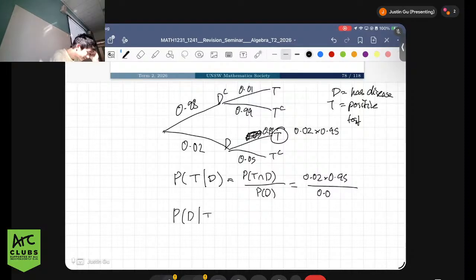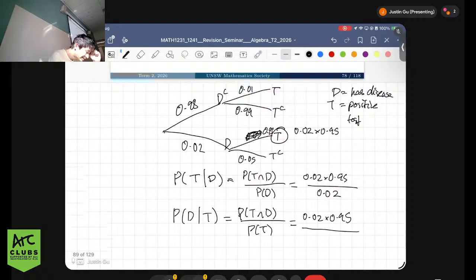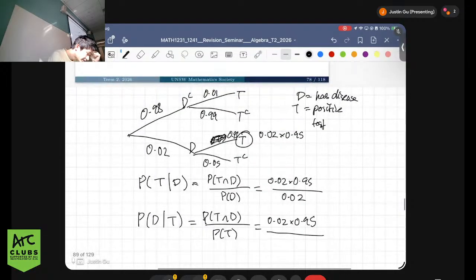Given a positive test, we want to calculate the probability of them having the disease. So that's the probability of T intersect D divided by the probability of T. At the top, it's still 0.02 times 0.95. But now we want to calculate the probability that they had a positive test, so we are looking at two situations.